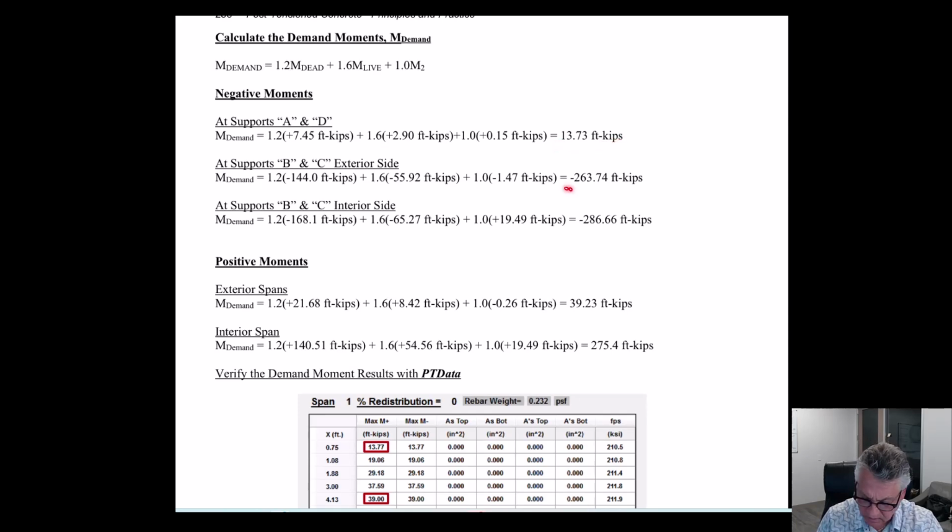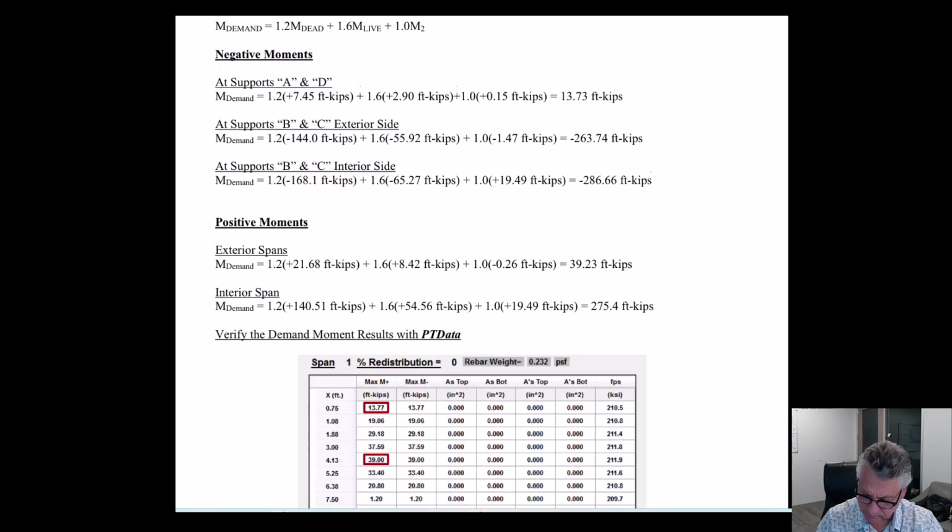Supports B and C at the exterior side, so the span 1 side and the span 3 side, 263.7. Supports B and C on the interior side, both to the span 2 side, 286.66.